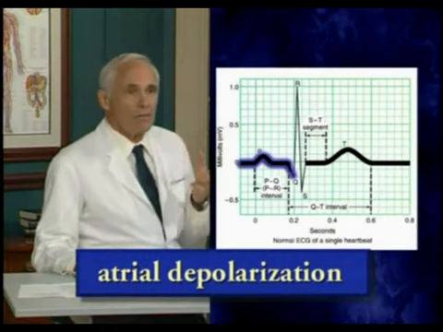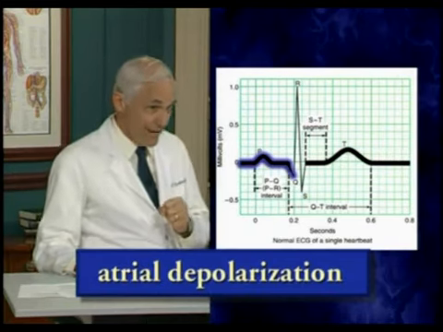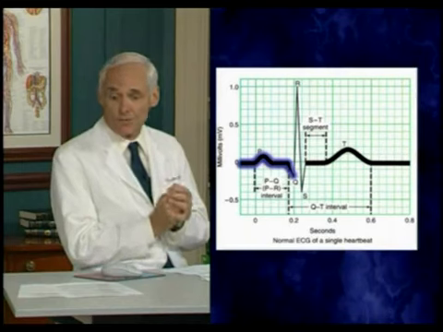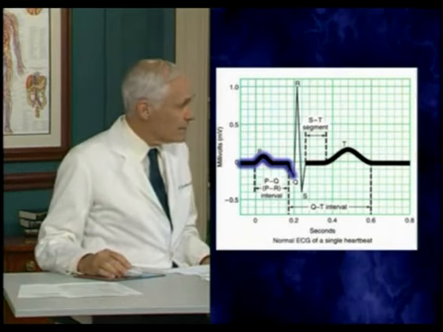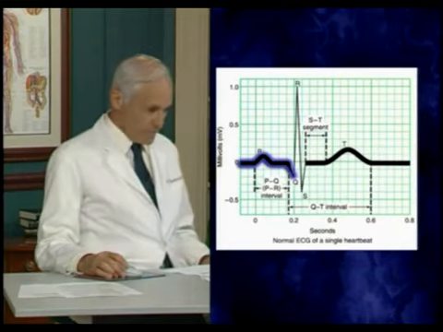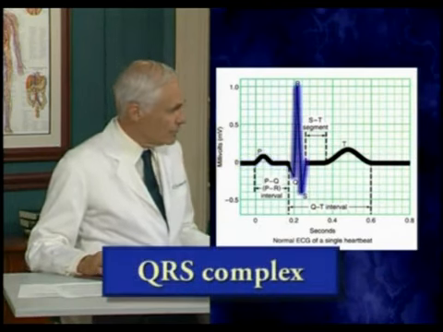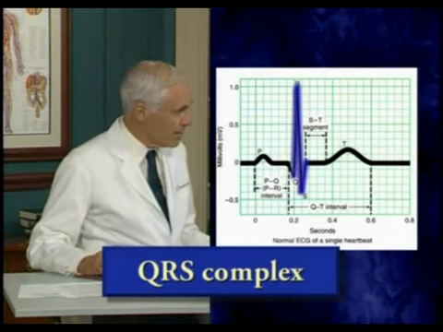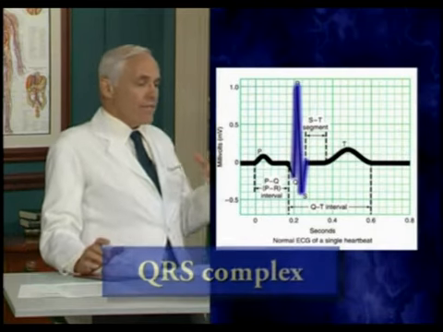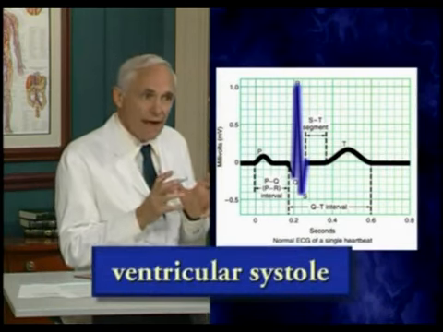Here's what a thallium stress test will look like in somebody who's got a problem. This is a patient who had no symptoms and went on the treadmill and got his thallium injection. This is the rest picture. Now, this is a horizontal slice through the heart, taken by the Geiger counter. It is really only showing you the left ventricle.